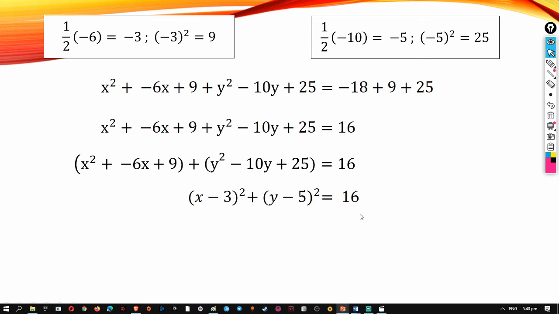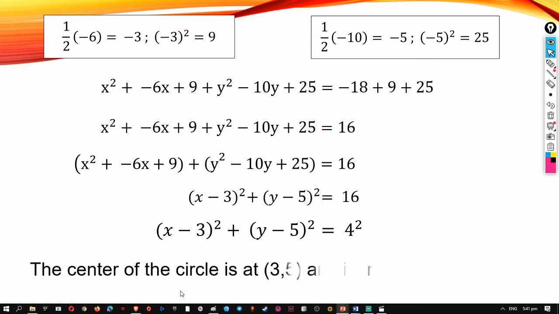And then, di ba, nariyan na siya. Nadito na siya sa center radius form. So, the answer is x minus 3 squared plus y minus 5 squared is equal to 4 squared. So, para siya maging r squared.